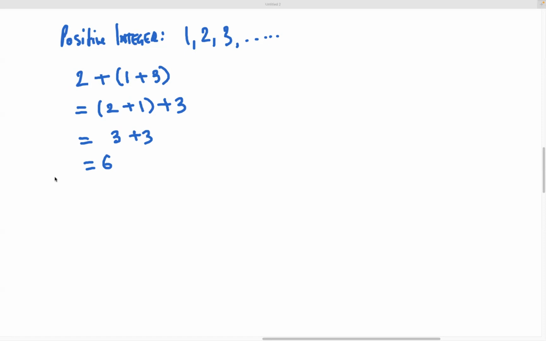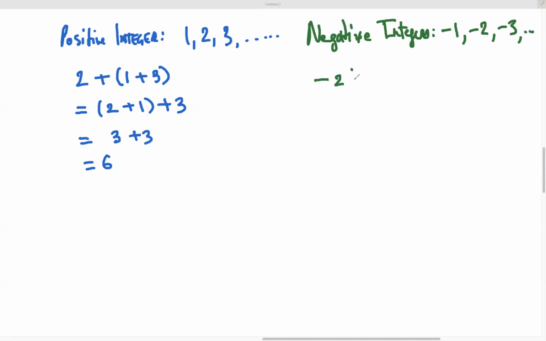Likewise, if we have negative integers, and as we saw in the previous video, these would be the numbers that are below 0, so minus 1, minus 2, minus 3, etc. In that case, we could still use a similar concept. We could say minus 2 plus minus 1 plus minus 3, if that is the relation.